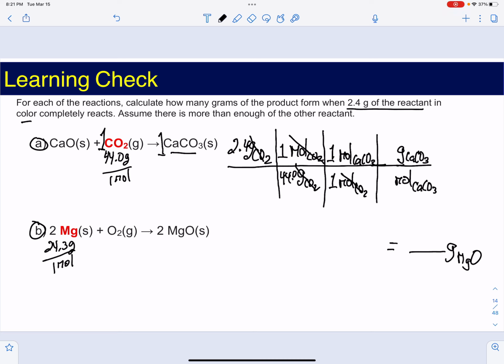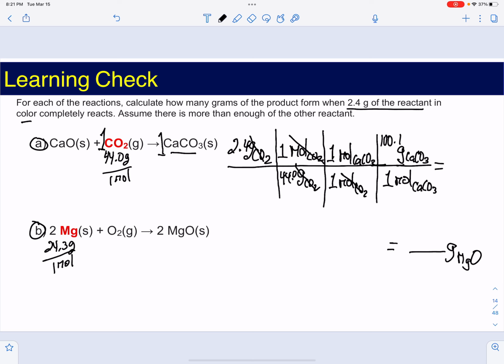So what would be the molar mass of calcium carbonate? The molar mass of calcium carbonate is going to be 100.1 grams for every 1 mole.